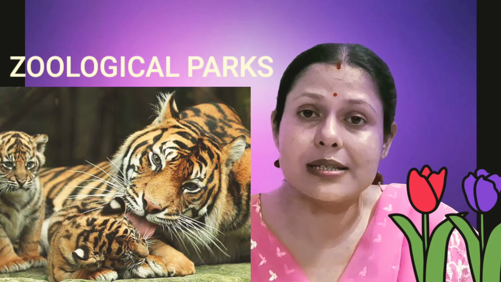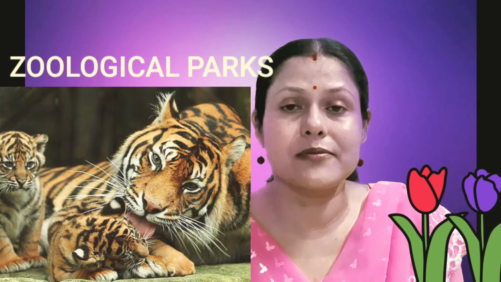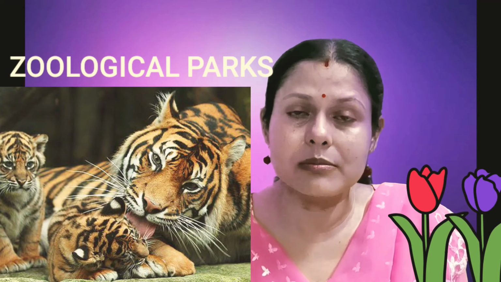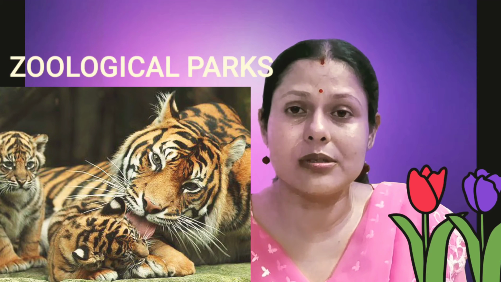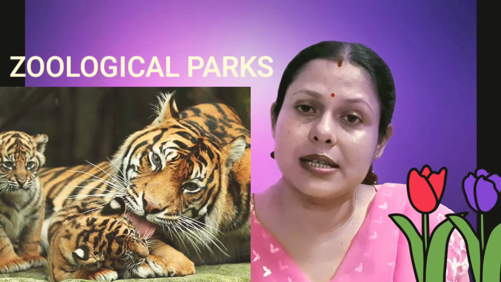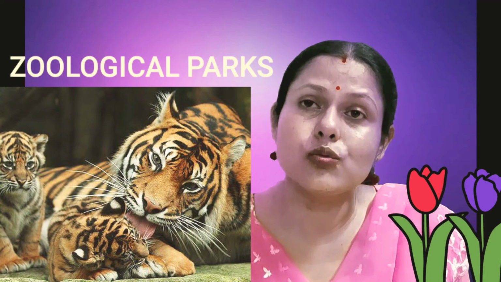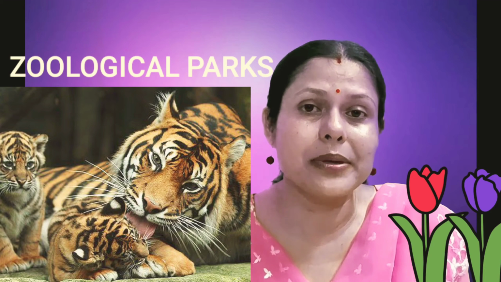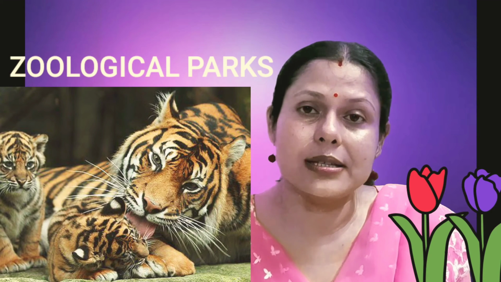So sometimes we collect animals from different places and different countries and put them in cages, of course providing them with all the natural conditions possible, and then study them. So these are also a taxonomical tool, or taxonomical aids, which help us know about the organism.